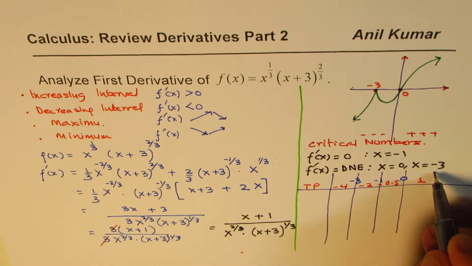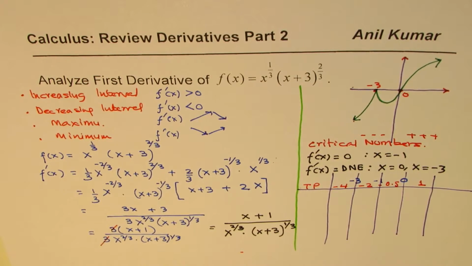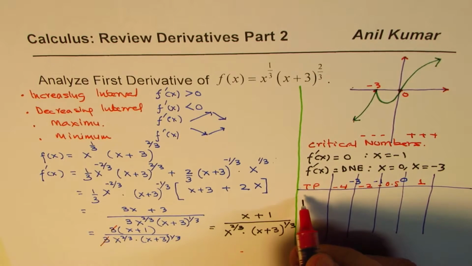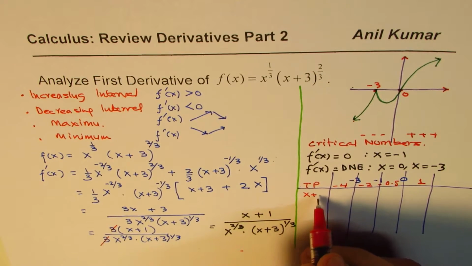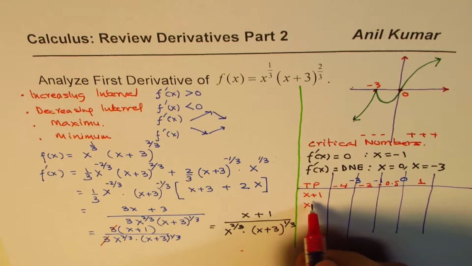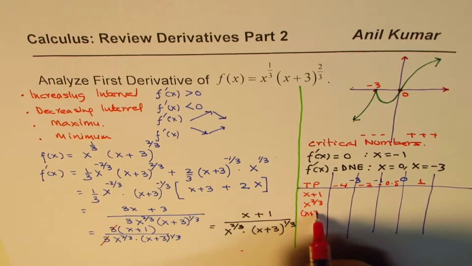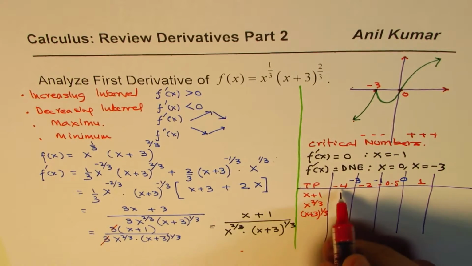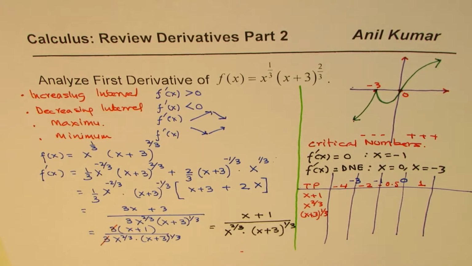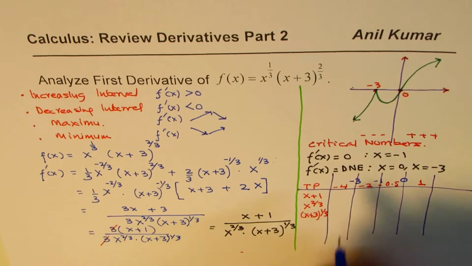The factors we are interested in are x plus 1, x to the power of 2 over 3, and x plus 3 to the power of 1 over 3. We'll see what happens to each at these test points. We don't want their values, we only want whether they are positive or negative, right?